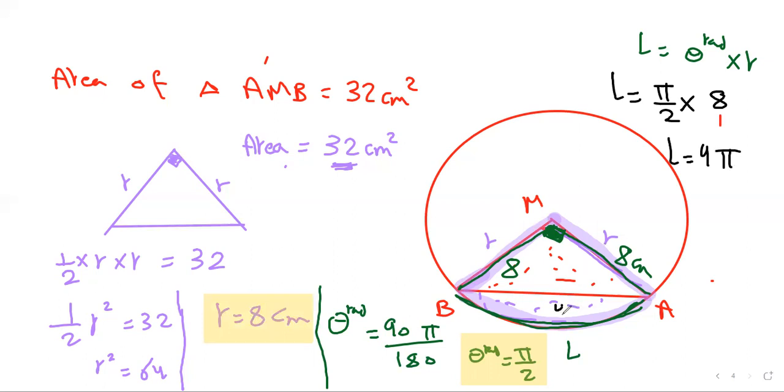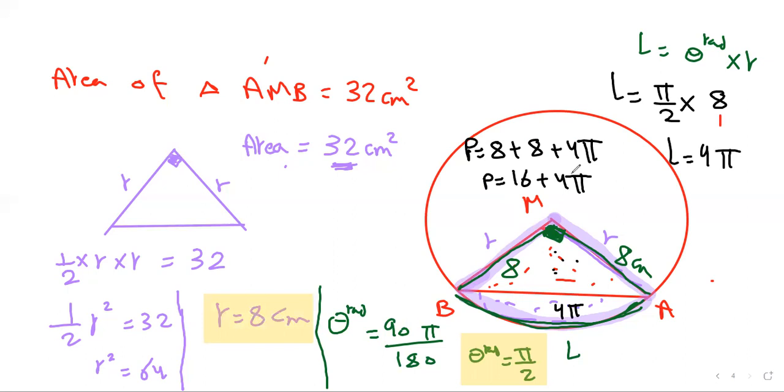Now we can find the perimeter of the shaded shape. It will be 8 plus 8 plus 4 pi. 8 plus 8 is 16, so the perimeter equals 16 plus 4 pi.